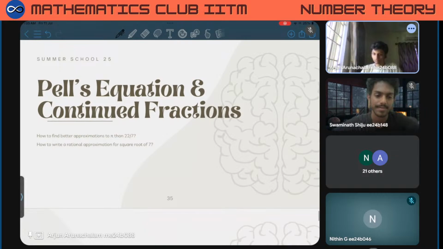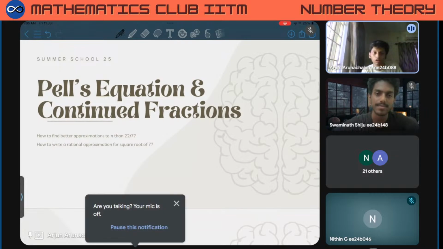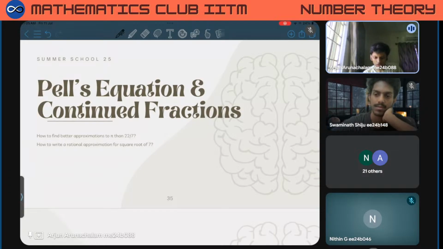Now we'll talk about something called Pell's equation and also about something called continued fractions. We have all seen rational approximations for different constants like pi. For example, 22 by 7 is an approximation for pi.